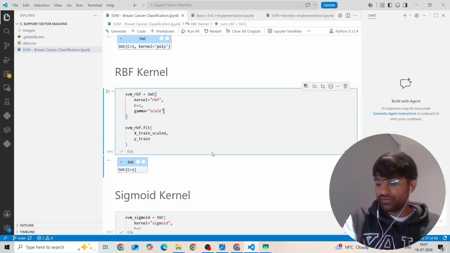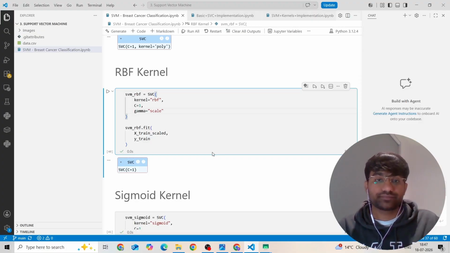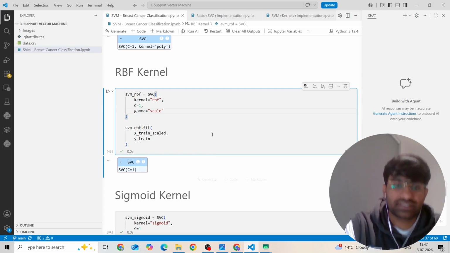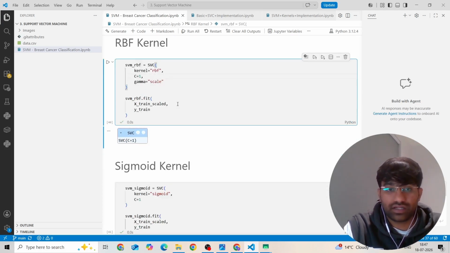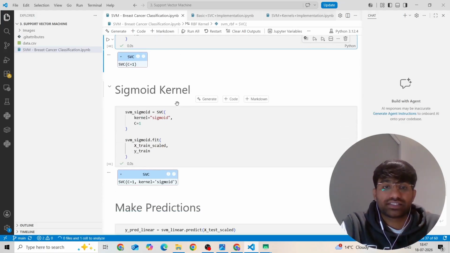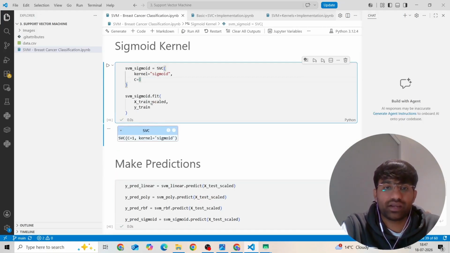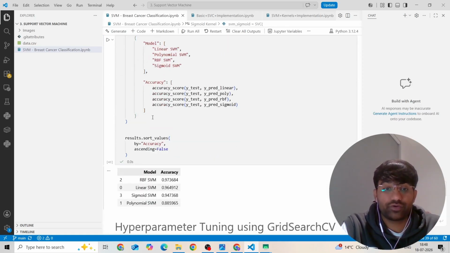For the RBF kernel, I have specified gamma equal to scale, and I have trained my model with the RBF kernel. Next is the sigmoid kernel. I have just kept the hyperparameter c equal to 1, and I have trained my SVM sigmoid model. Let's make predictions and calculate the accuracy of each model.